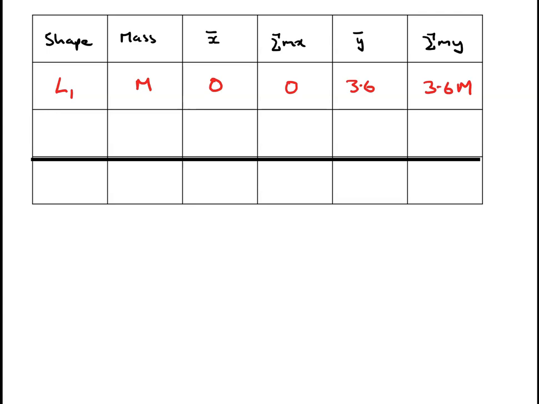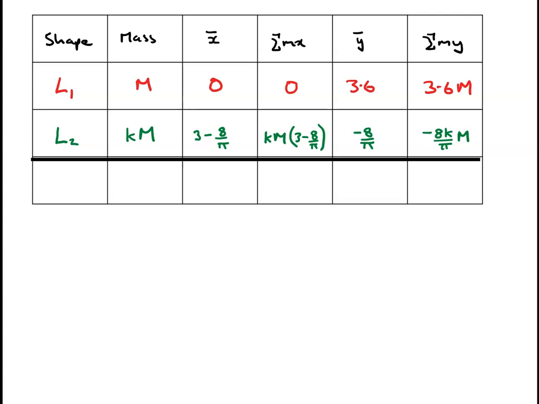For the second lamina, it has a mass of km, and the x coordinate of its centre of mass is 3 minus 8 over pi. So we've got km times (3 minus 8 over pi) for the sum of the mx's. For the quarter circle, the y coordinate of the centre of mass is minus 8 over pi, so the sum of the my's is minus 8k over pi times m.